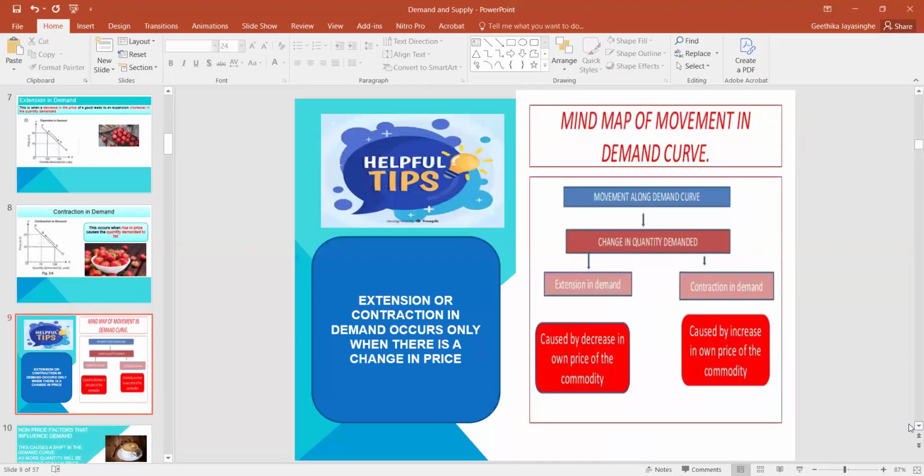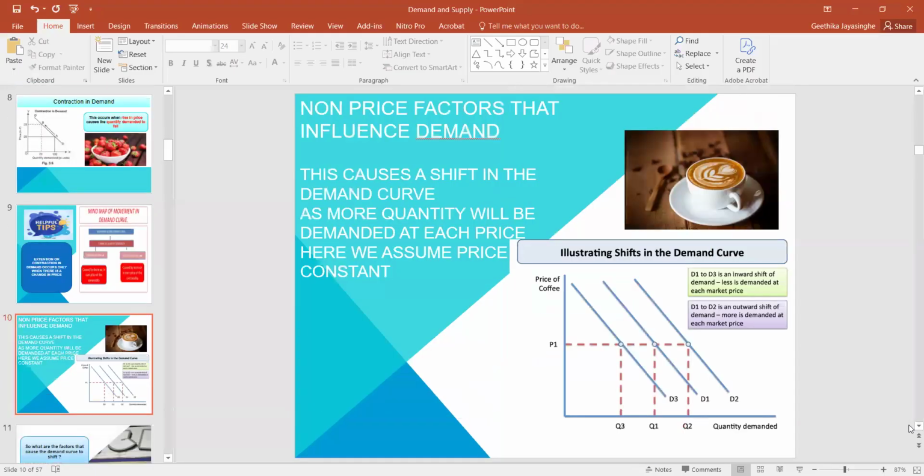Okay, then we studied the change in demand and the change in quantity demanded, right? So now you can see the demand curve is moving to its left and to its right. Okay, the entire demand curve is moving to its left and right. So that is the shifting of the whole demand curve. So that can be identified as change in demand.